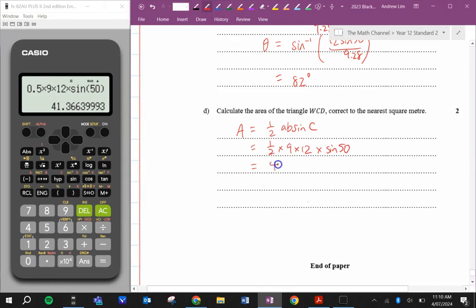Which is 41 square meters to the nearest square meter.